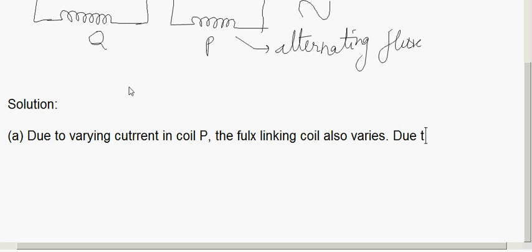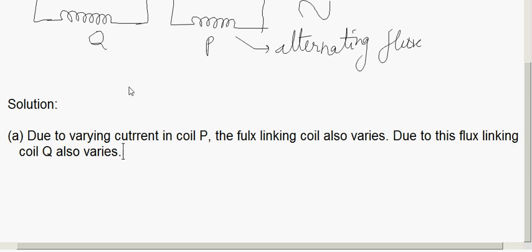Due to this, flux linking coil Q also varies.